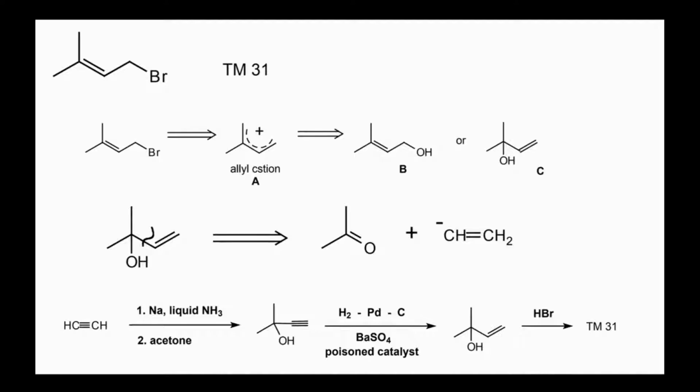Now what you can do is FGI, like do the reduction of this triple bond using H2, Pd/C, barium sulfate, Poisson catalyst to generate your desired E-alkene. To generate the alkene, then react this compound with HBr to generate your target molecule.